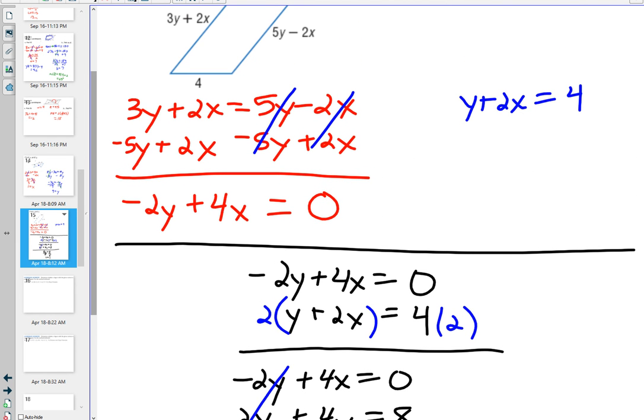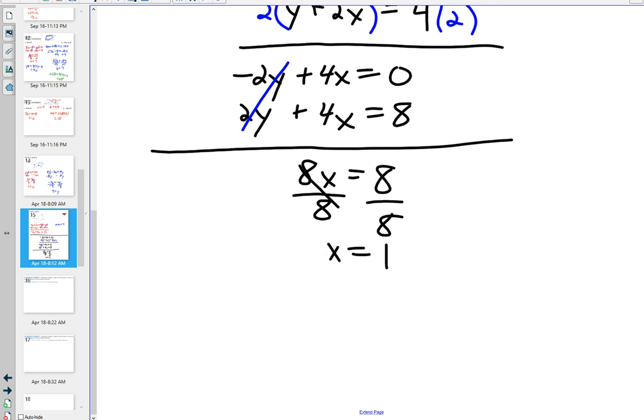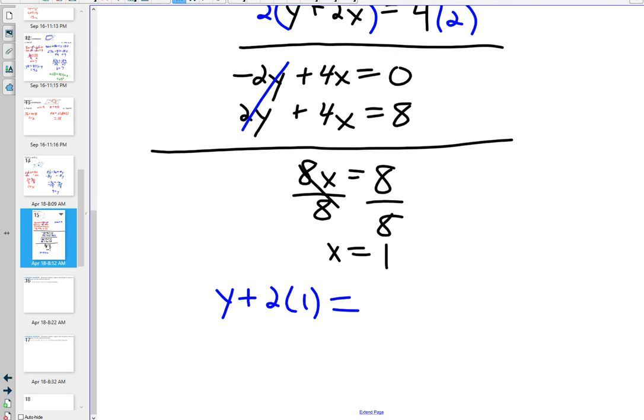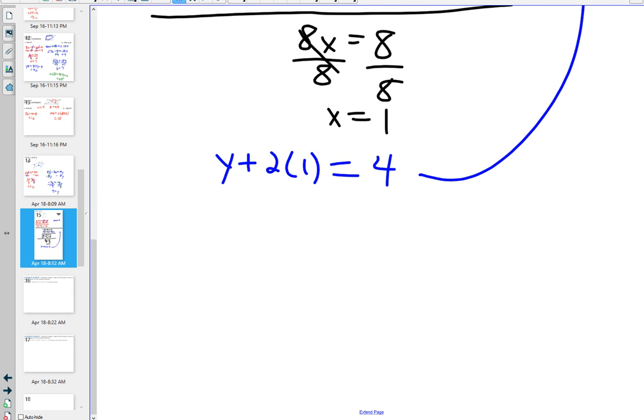But you can pick any equation you want and say y plus 2 times 1 is equal to 4. That was the equation that was up here in blue. So I get y plus 2 is equal to 4. Minus 2, minus 2.